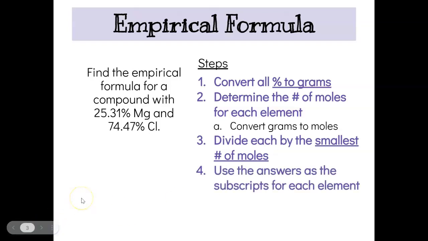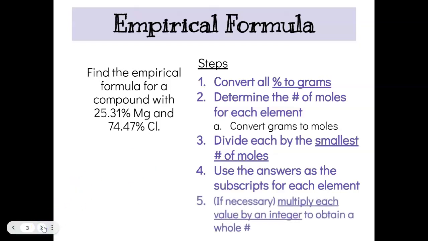And then we will use those answers as the subscripts for each element. What we mean by divide by the smallest number of moles: let's say we work this out and come up with 1 mole magnesium and 3 mole chlorine. Everything would get divided by 1. It'll make a lot more sense once we go through some examples here.